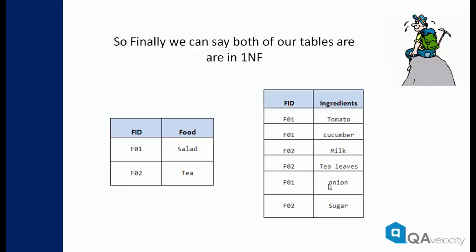But on the other hand, the ingredients table still does not have a primary key. If we try to search using FID, multiple records will be populated for a single key. To mitigate this issue, we have combined two columns of the table to search the data uniquely. So it becomes a 2-column primary key.